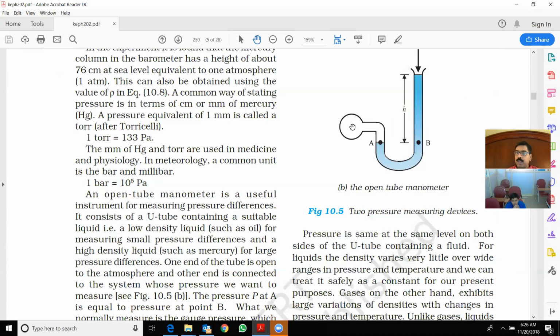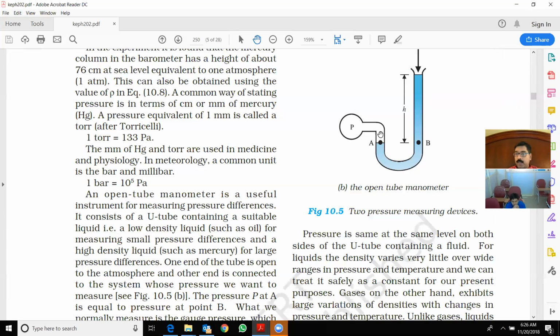So it will put up some pressure here, and that will be equal to the pressure that is applicable at this point. If that pressure is more, it will push the liquid on the other side, and it will push down until it reaches an equilibrium state again.